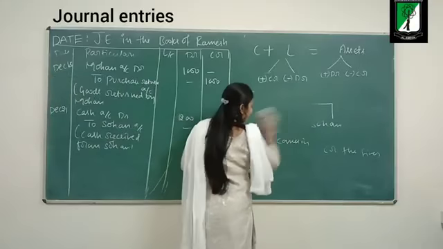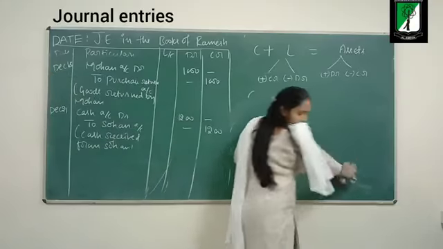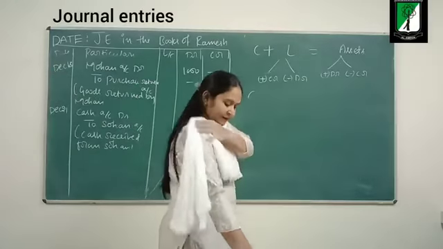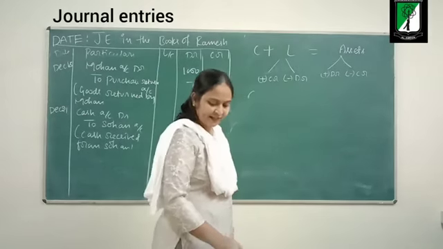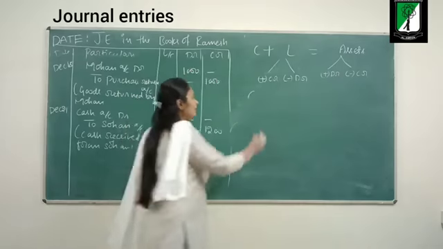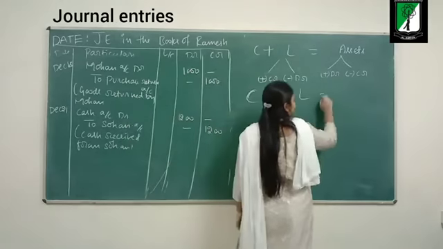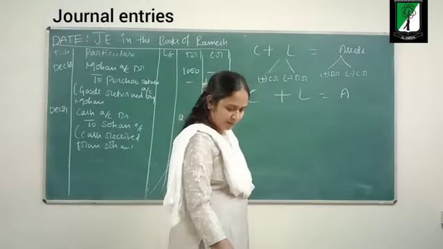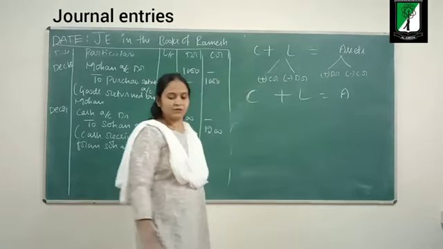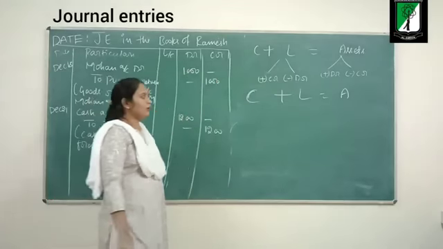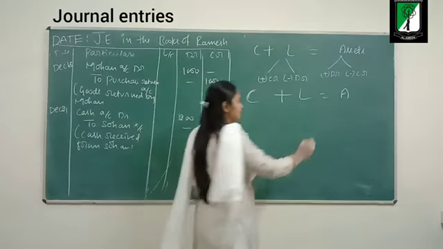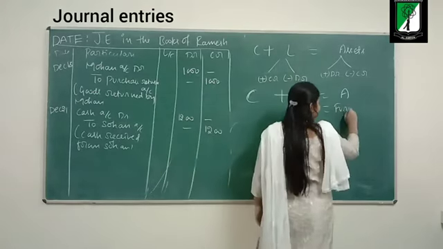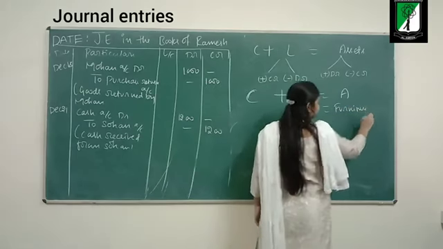Now the last transaction: purchase furniture from Deepak, rupees 5,000. The business is purchasing furniture from Deepak for rupees 5,000. Furniture is an asset, and it is increasing.